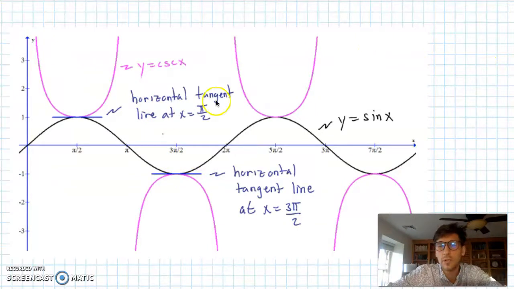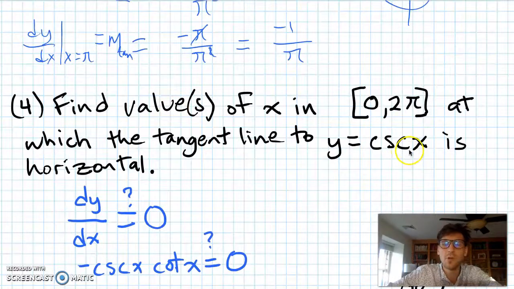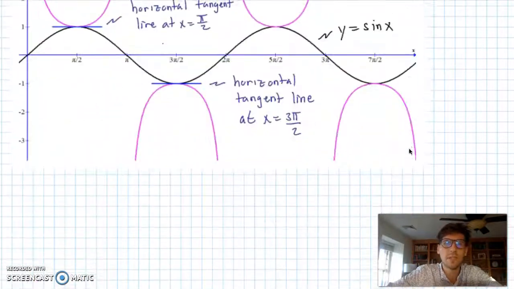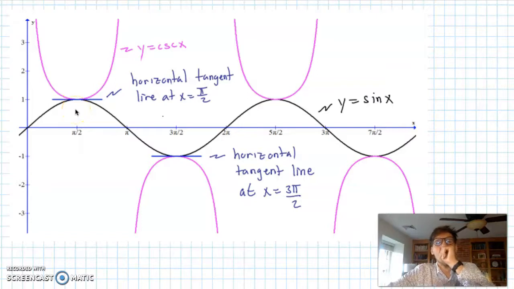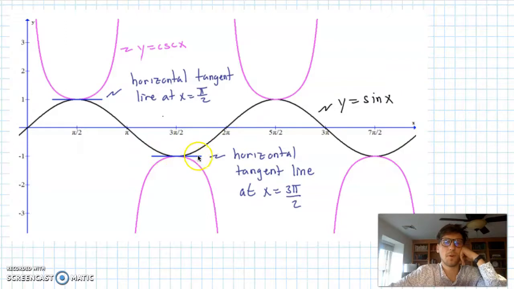To clarify, we're looking at the graph of the original function, which way up here is cosecant of x. So we can then see that cosecant of x, which is the reciprocal of y equals sine of x, has only two spots from 0 to 2 pi where it has a horizontal tangent line, where it flattens out.